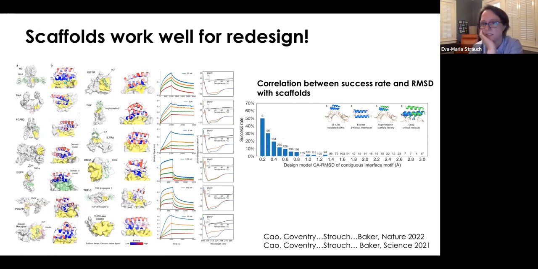Not going to explain that because not enough time, but that's essentially the idea of massive docking of potential hotspots and then finding scaffolds to position on top of it. But essentially, over 80% of the successful designs were coming from the scaffolds. So I hope the reviewers at some point believe us.